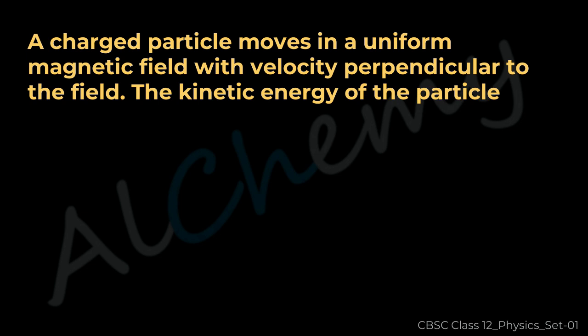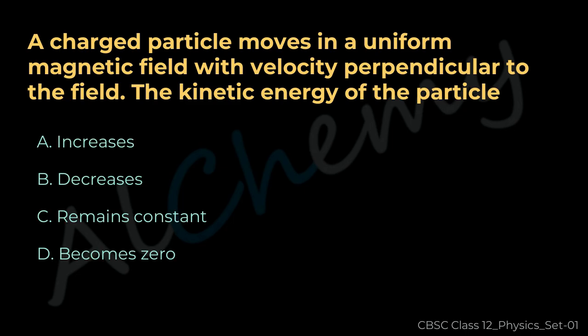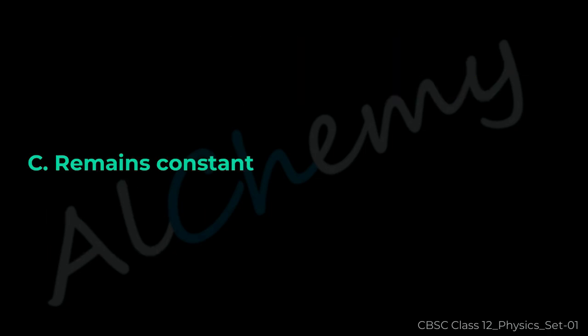A charged particle moves in a uniform magnetic field with velocity perpendicular to the field. The kinetic energy of the particle A. Increases, B. Decreases, C. Remains constant, D. Becomes zero. The correct answer is C.